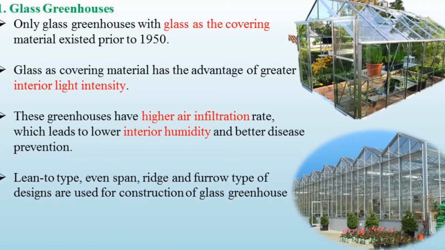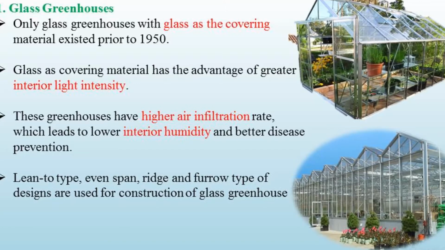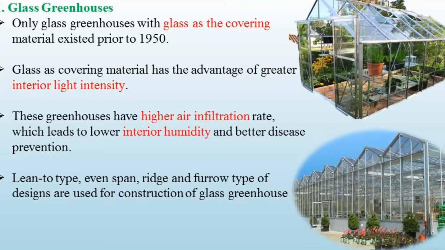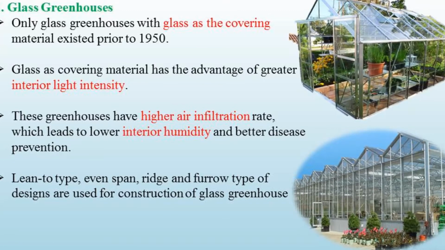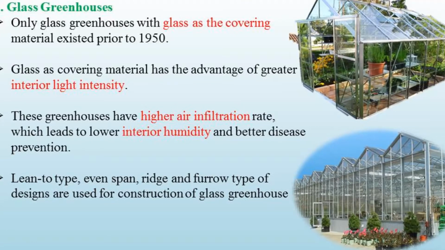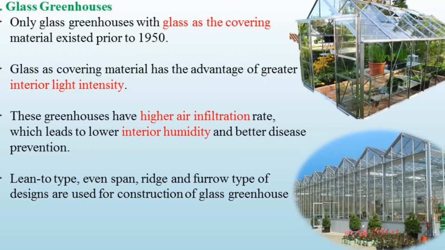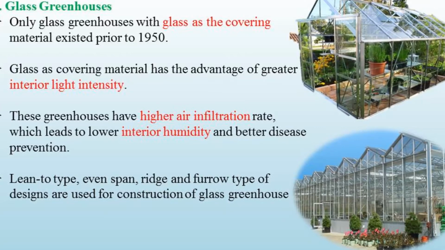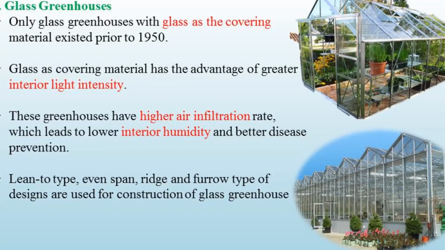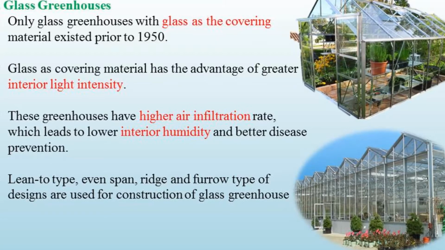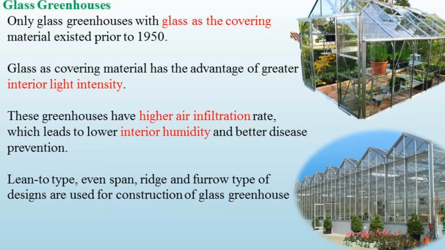In this type, glass panels are fitted with the help of wooden frame or metal frame, and it can be made in any shape and size, that is lean-to type, even span type, ridge and furrow type. Such designs are possible for construction of this type of polyhouse.